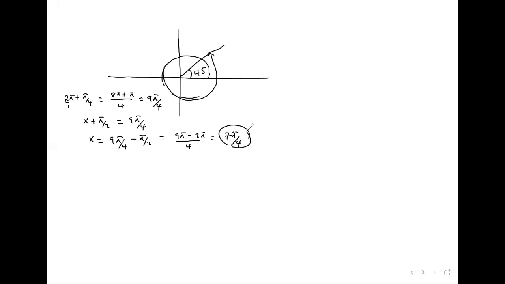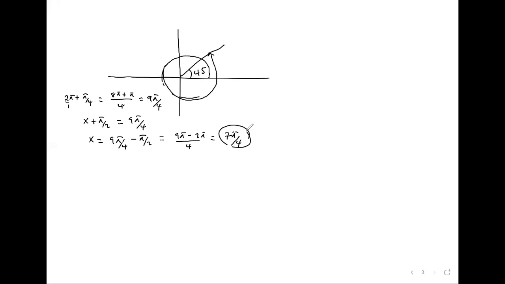This angle should be bigger than pi. It's 1 point something pi, so it's bigger than pi.